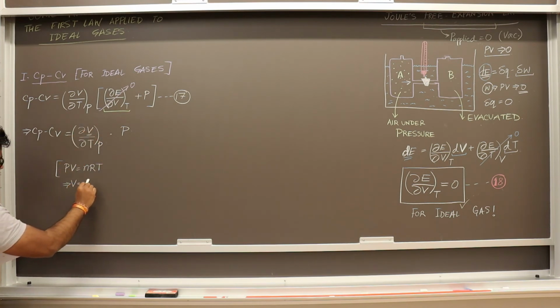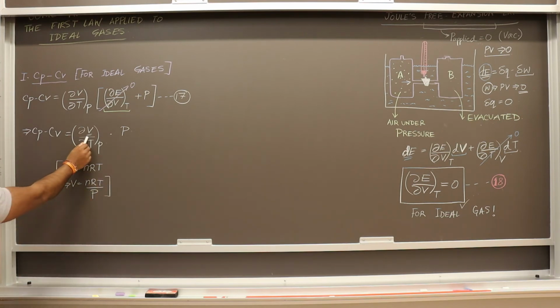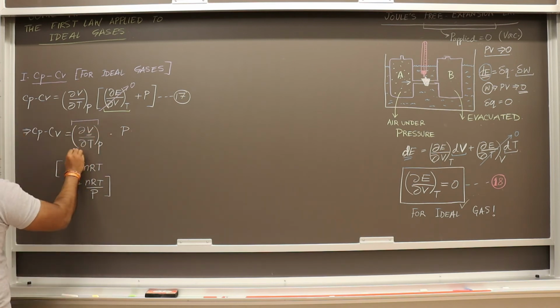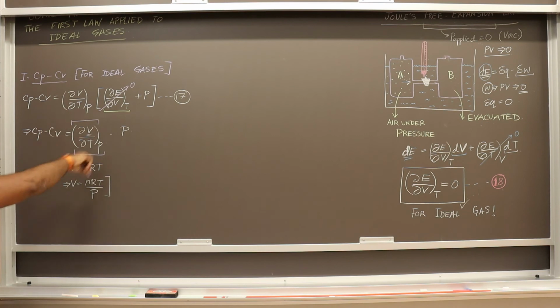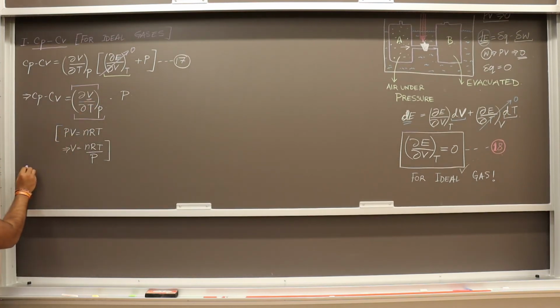So V is nRT by P, right? So how do we write this value in here? So the value in this purple box. So let's try and find out the value in this purple box. Okay, so we want to find out del V by del T at constant P. We know the value of V, which is here.